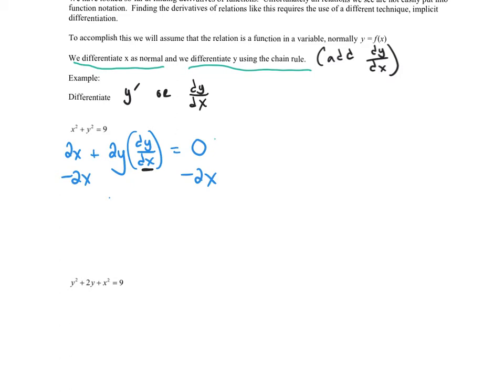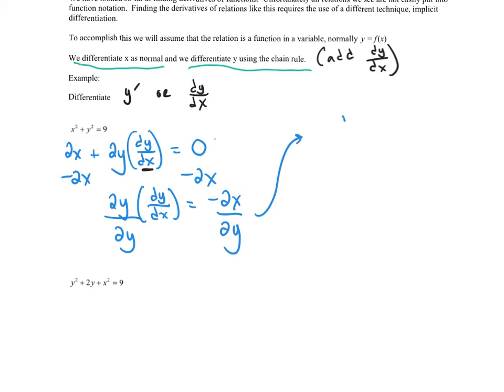I'll subtract 2x from both sides, so I get 2y times dy/dx equals negative 2x. Then, since it's multiplied by the dy/dx, I'm going to divide both sides by 2y. That gives us dy/dx equals negative x over y.